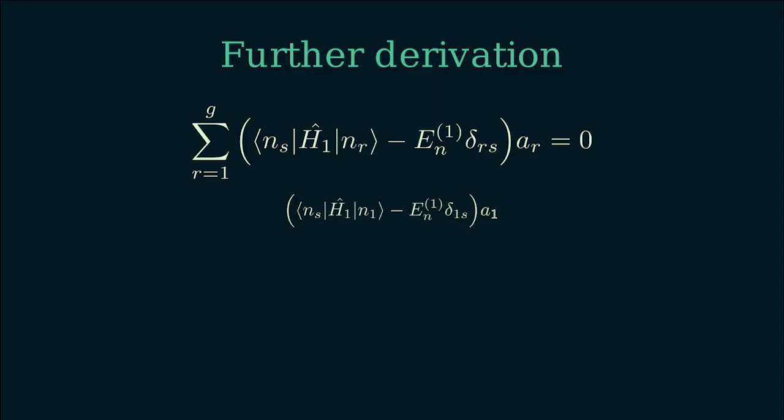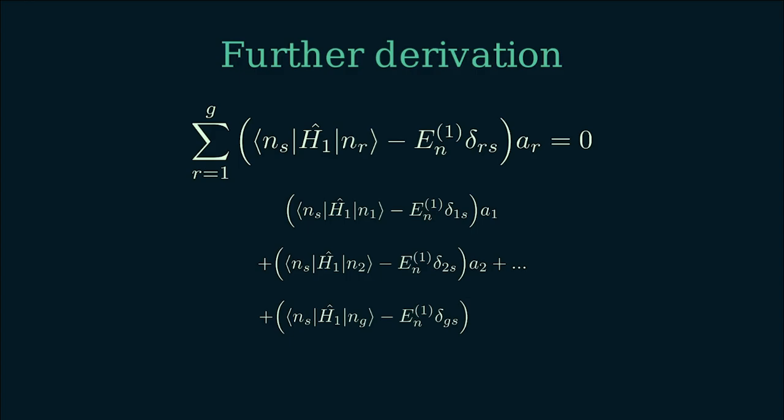So the first term, when R equals 1, would be something like this, and the second term, and so on, we would have other terms until the last term, which would have a factor ag, and all of that is equal to 0. Take a moment to pause the video here and see if it makes sense.